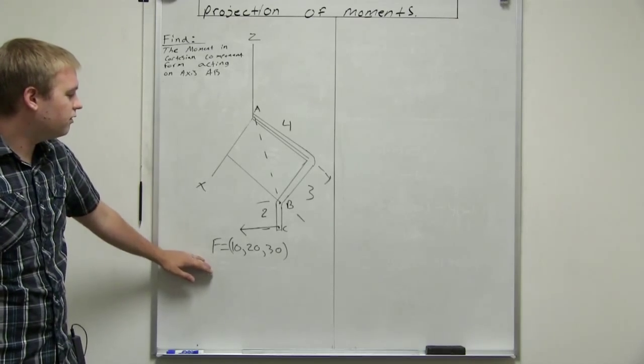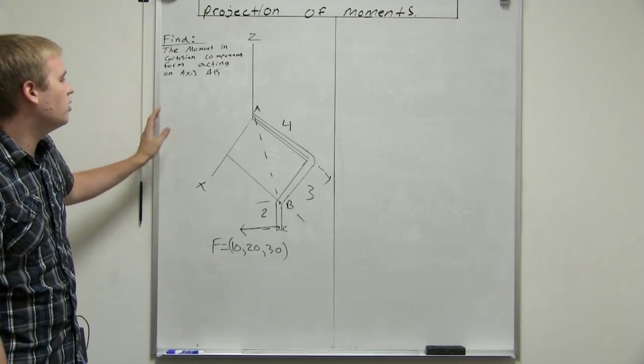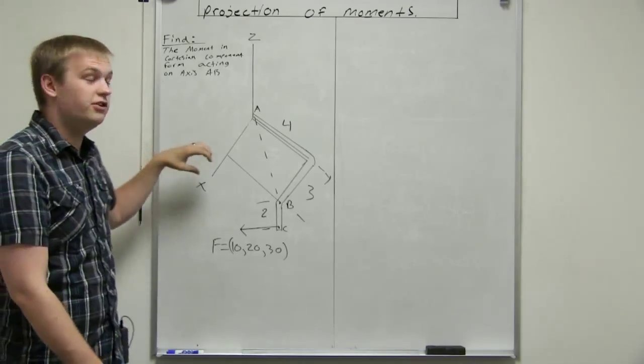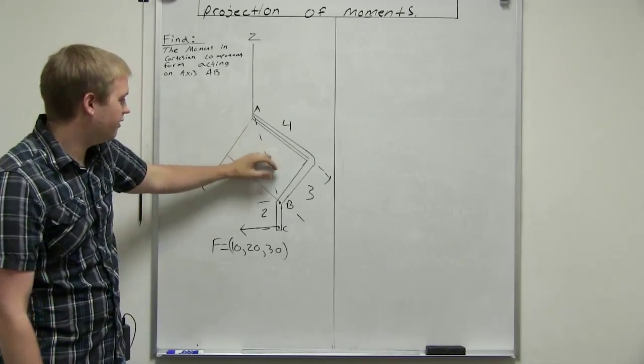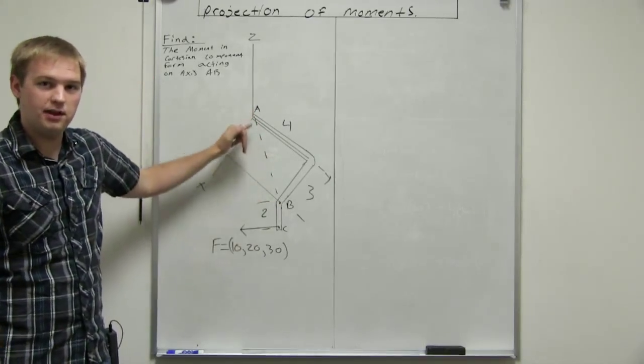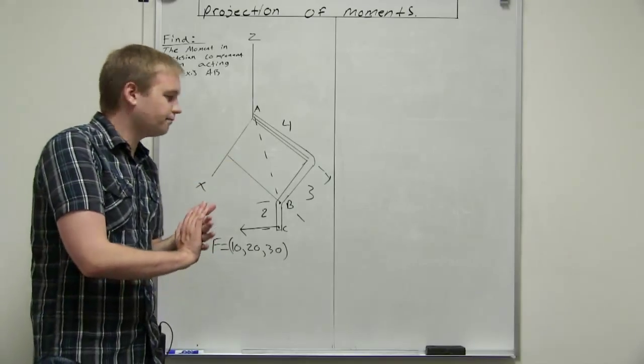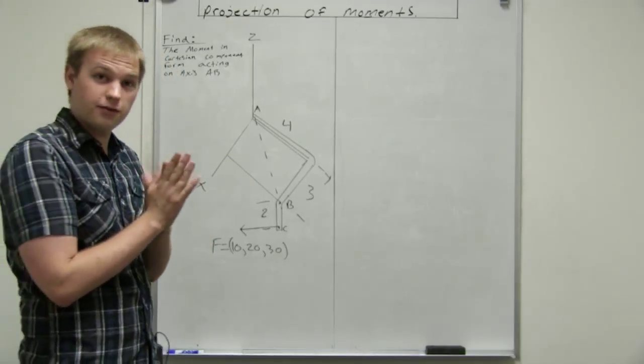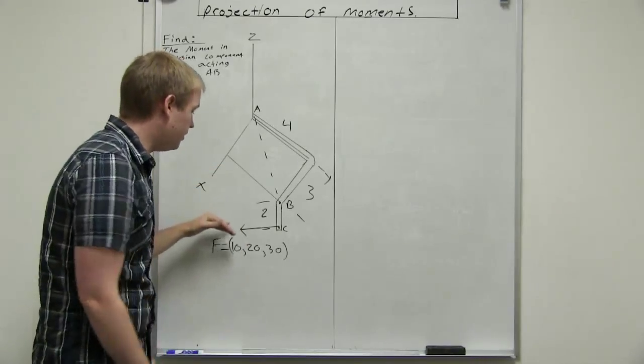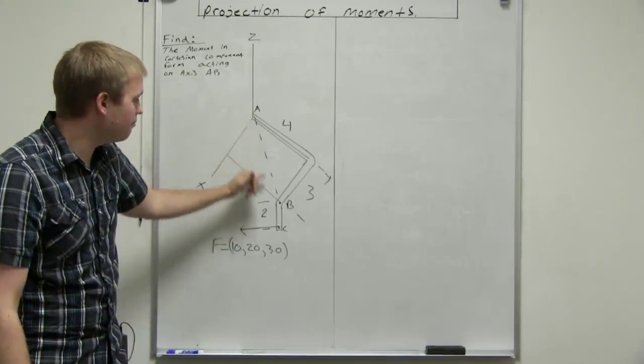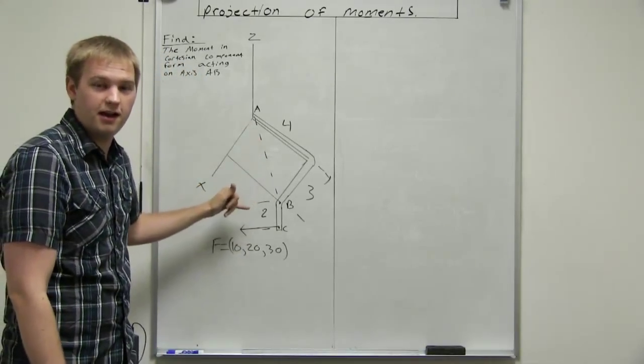And what it wants us to do is find the moment in Cartesian components that is acting on this axis AB. So really what we have to do first is find the moment that this force creates about some point on this axis.